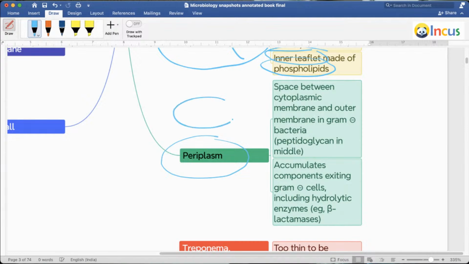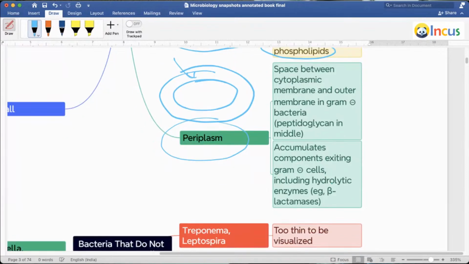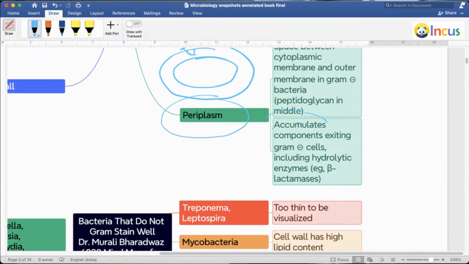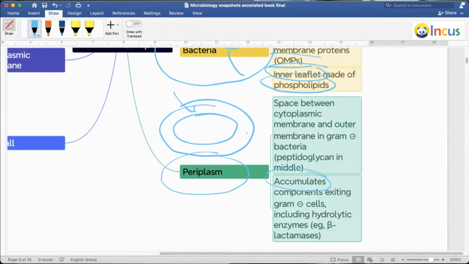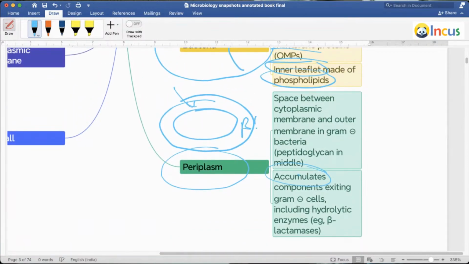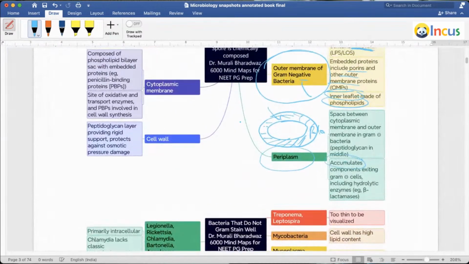You have the cytoplasmic membrane and there is an outer membrane in gram-negative bacteria, and the space between the two is called periplasm. Here it accumulates the components which are exiting the gram-negative cells, like beta-lactamases. Everything is located in the periplasm is what you need to remember.